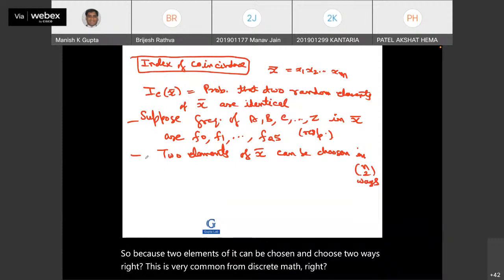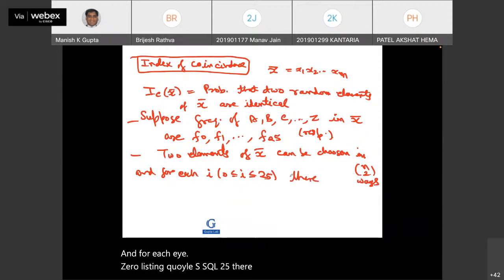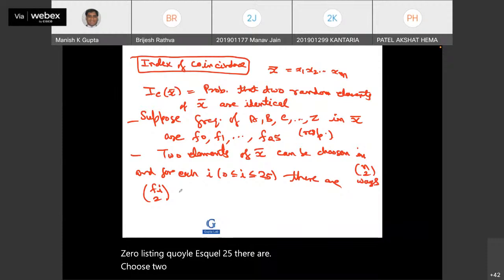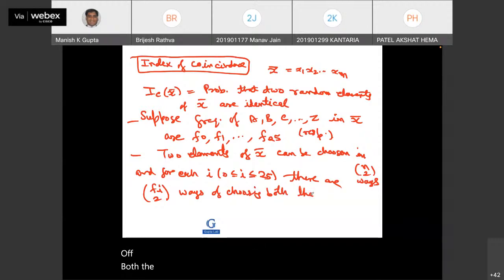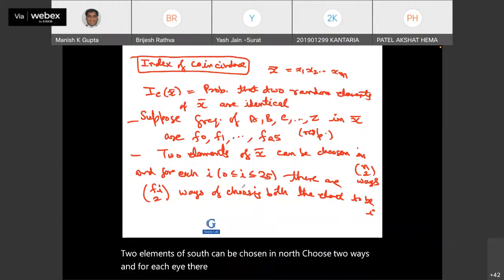And for each i, 0 less than or equal to i less than or equal to 25, there are Fi choose two ways of choosing both the elements to be i, because Fi is the frequency.